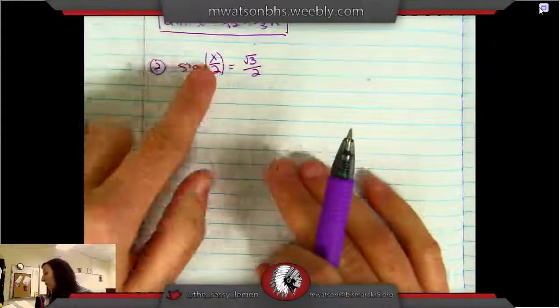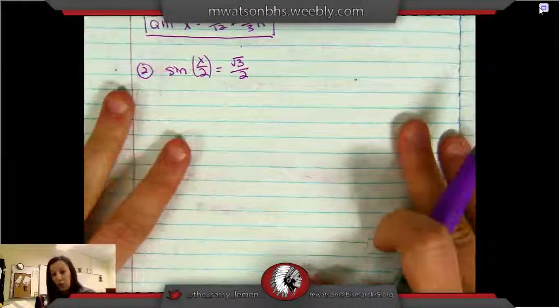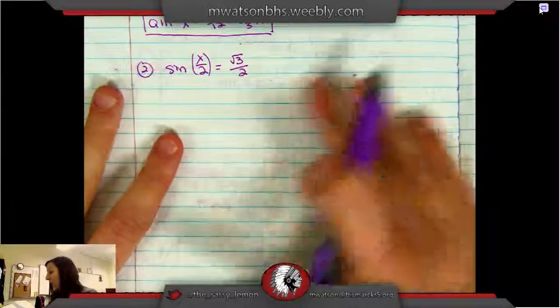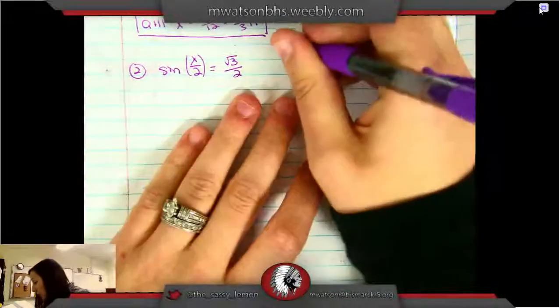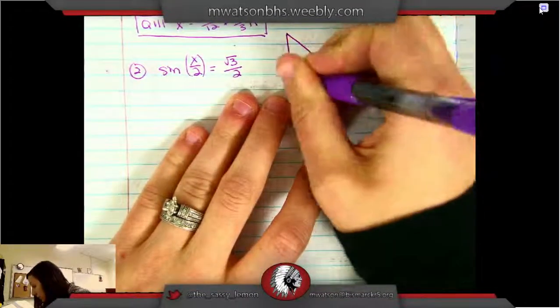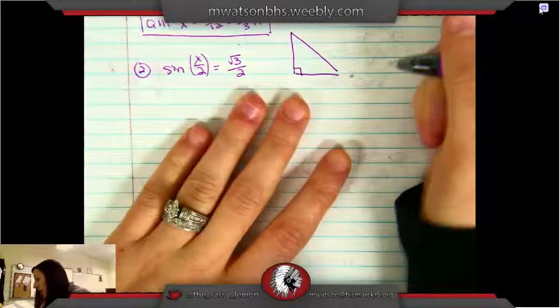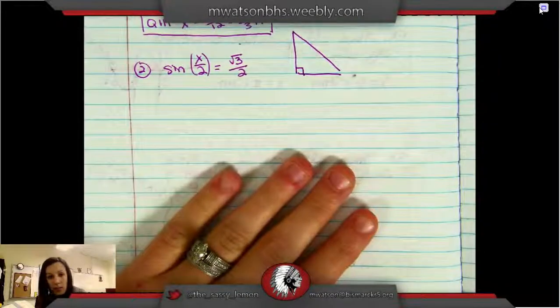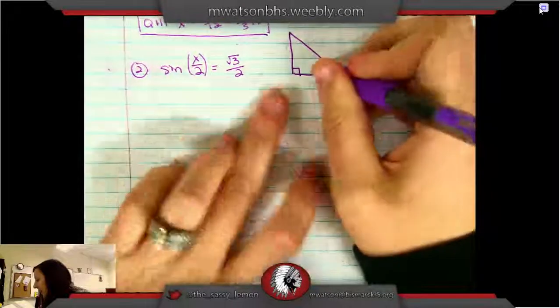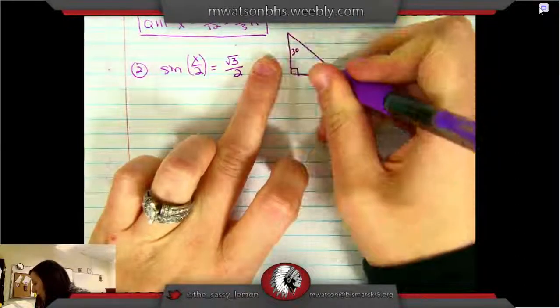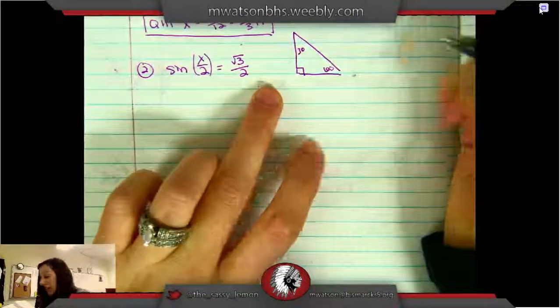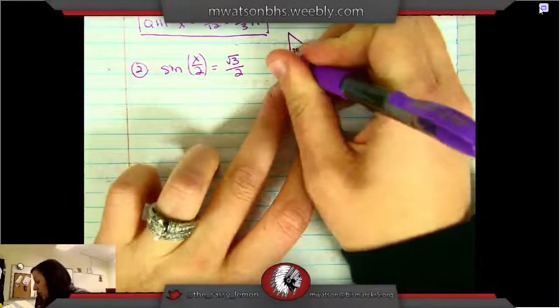So sine of what gives me the square root of 3 over 2? Hopefully a triangle is popping up in your mind, your special triangle. This time I'm going to do it in degrees, just to change it up a little bit. So my special triangle I'm going to use is my 30, 60, 90. Got 1, square root of 3, and 2.